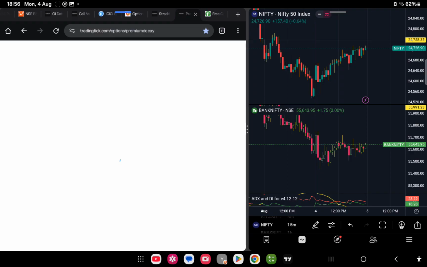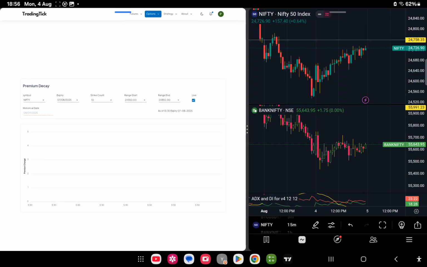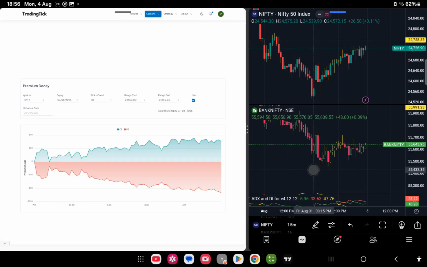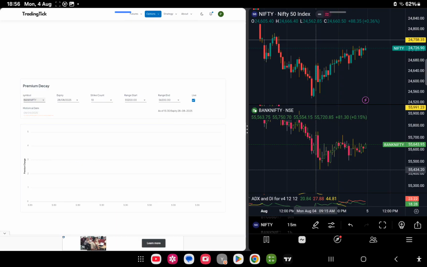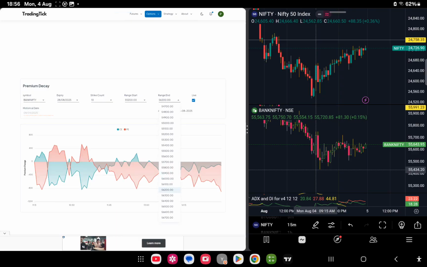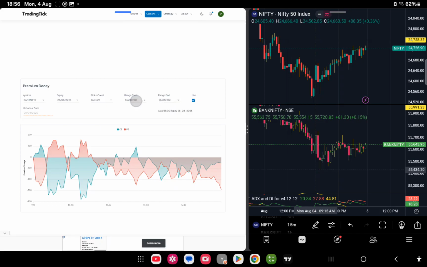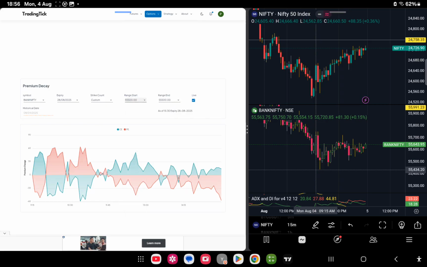Now we will do a small price action comparison with the step count. First I am going to check Bank Nifty. Let's take Bank Nifty 55,500. I'm going to select both sides, and you can clearly see it's a very small margin where buyers were winning, and at some point buyers gained.